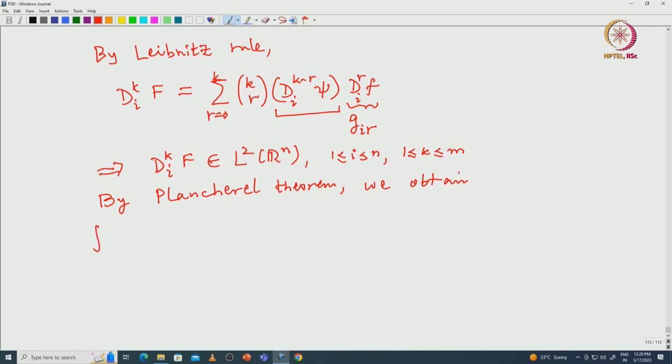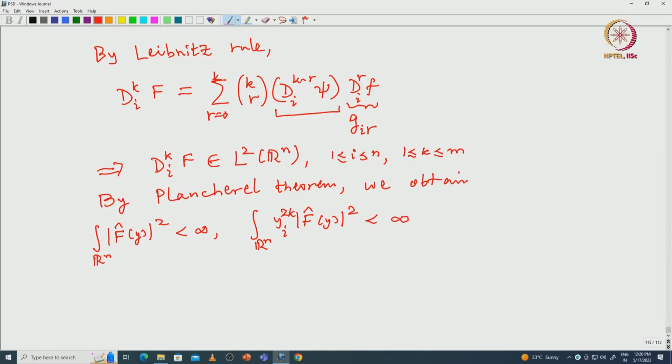So, we have this integral over R^n, so let me use the y variable for the Fourier transform variable, is finite, and then you have integral over R^n of y_i^{2k} |F hat(y)|^2 is finite.